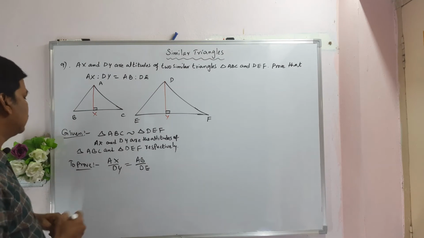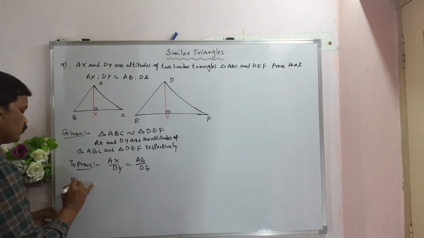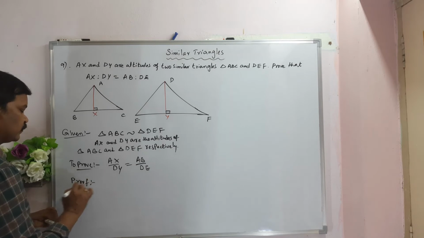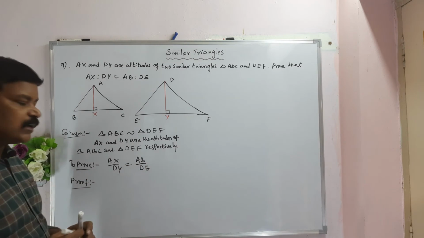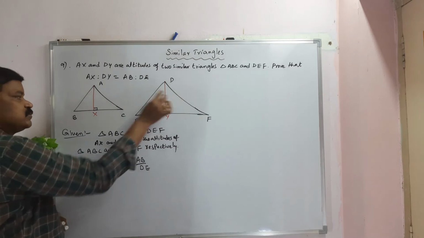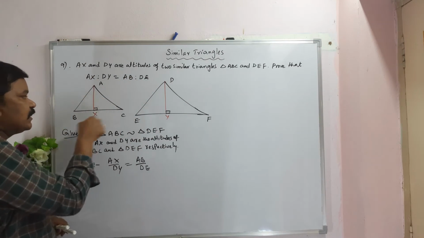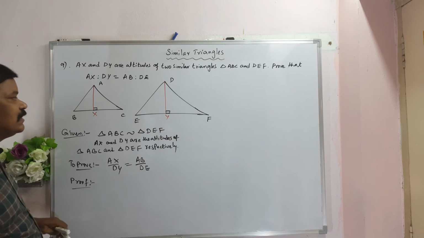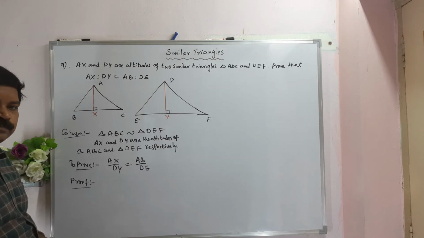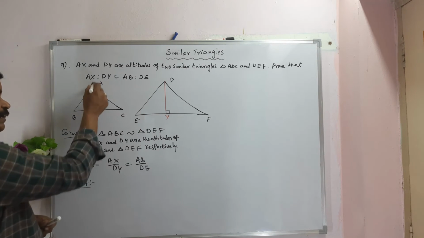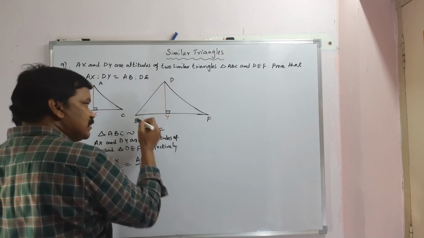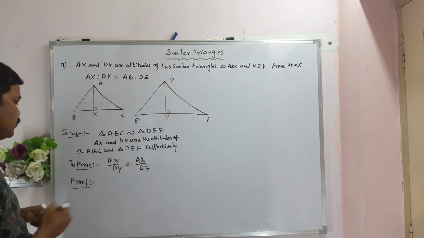See my dear students, here in the proof, to prove this AX by DY is equal to AB by DE, it is enough to prove that triangle AXB and triangle DYE are similar to each other, right?